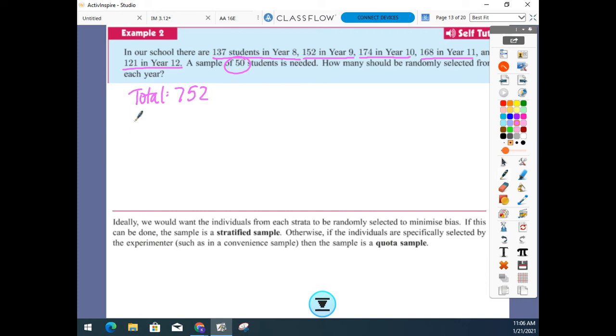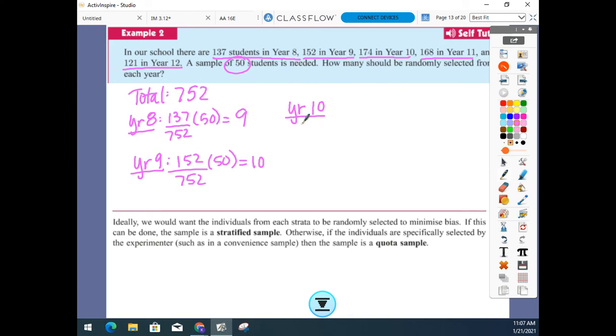So if we want to figure out how many go in year 8, I'm going to take 137 divided by the total, multiply that by 50 to see out of my 50 how many will be from year 8. And I get 9 students. In year 9, there are 152 students out of 752 times our total sample, so 10 students are going to come from year 9.